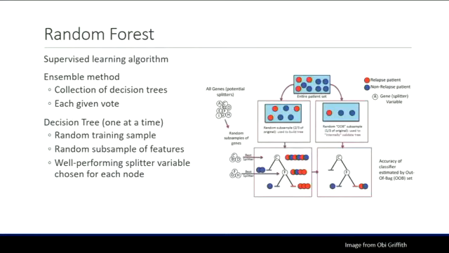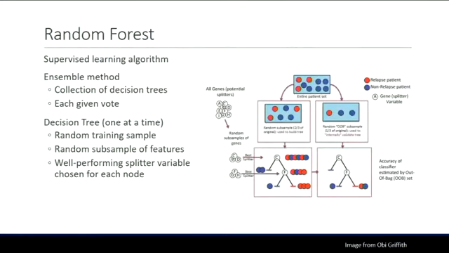When we build each tree, we take a random subsample of our observations, and then we leave an out-of-bag sample to assess the accuracy of each tree. As we build each tree, we take our training sample, and I forgot to mention that we take a random subsample of all of our features as well, and we choose from that random subsample of features the best feature that can separate our observations into one of our two possible outcomes.